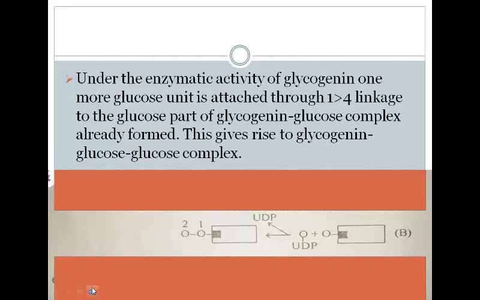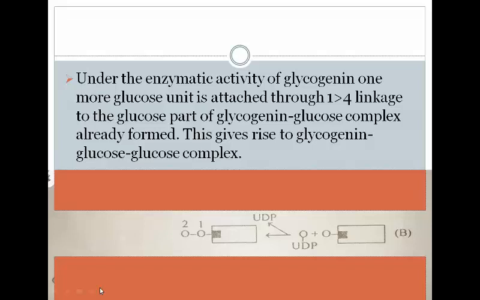Here the second glucose moiety is attached with the non-reducing end of the previous glucose moiety, and again the second glucose moiety releases UDP and has the free carbon 4, that is the non-reducing end.